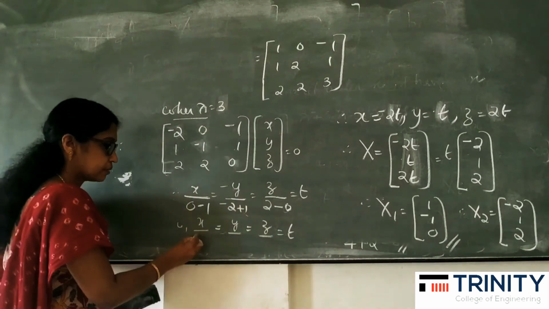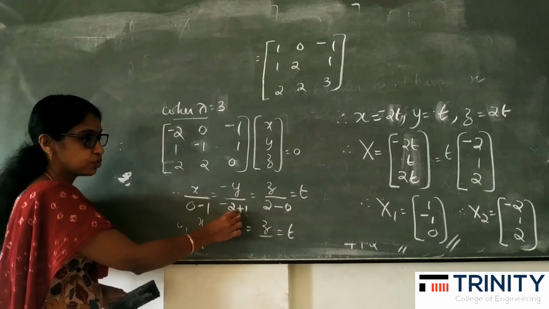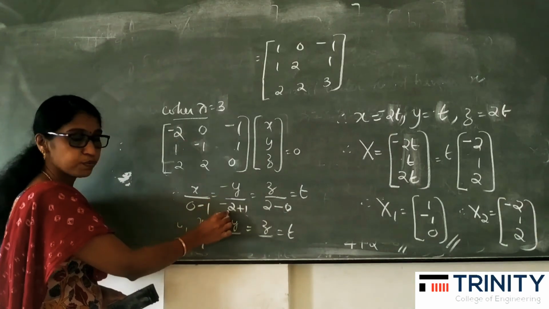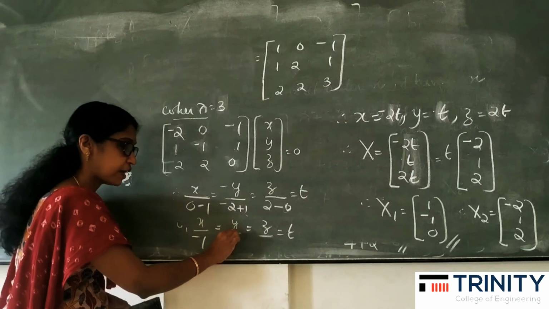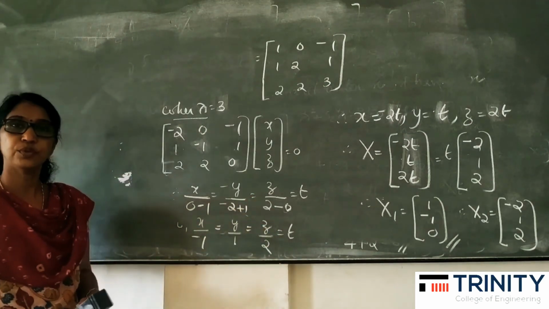That is x by minus 1 equal to minus y by minus 2 into minus 1, that is minus 2, minus y by minus 1, that is y by 1, equal to z by 2 equal to t.